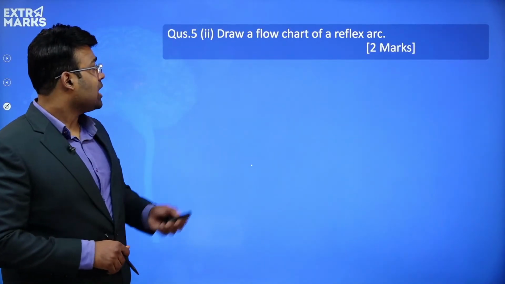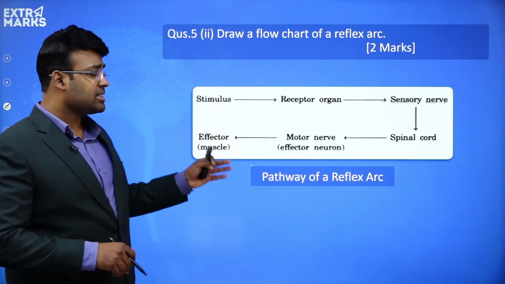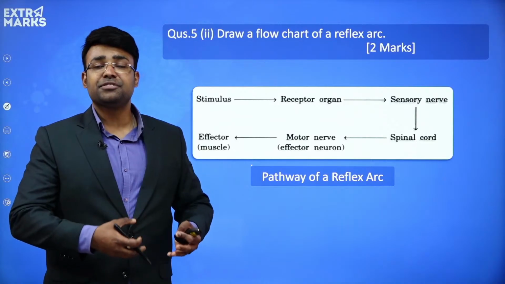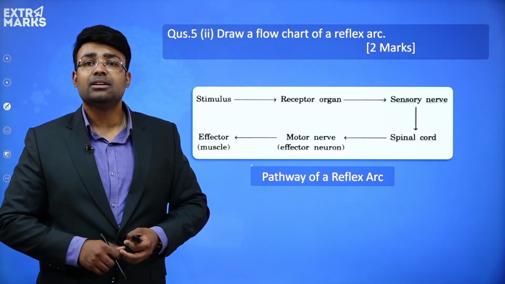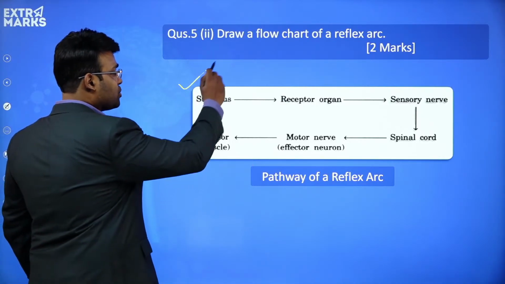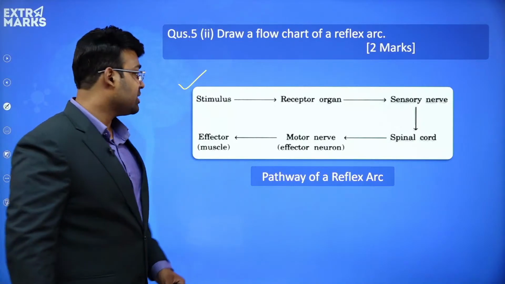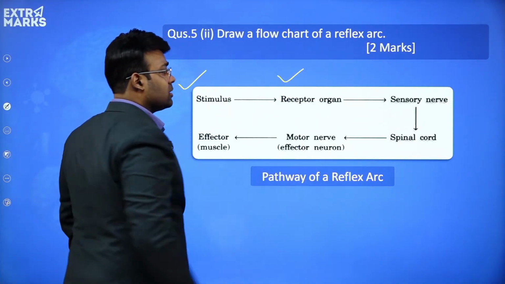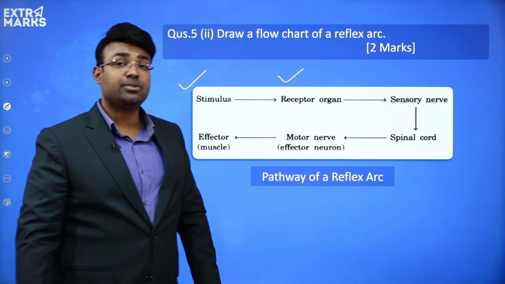Okay. Now draw the flow chart of the reflex arc. So here you can see, what is a reflex arc? It is the kind of signaling which is sent in our body whenever we are under a stimulus. So here you can see this is the stimulus. Stimulus provides the response to the receptor organ. Then the receptor organ will provide the signal to the receptor nerve.